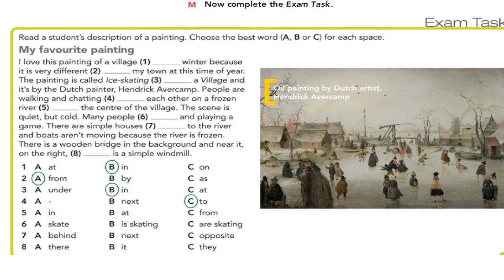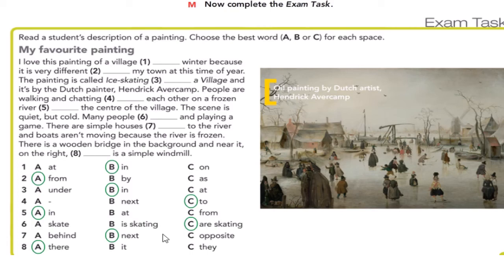People are walking and chatting to each other on a frozen river in the center of the village. The scene is quiet but cold. Many people are skating and playing a game. There are simple houses next to the river, and boats aren't moving because the river is frozen. There is a wooden bridge in the background, and near it on the right there is a simple windmill.